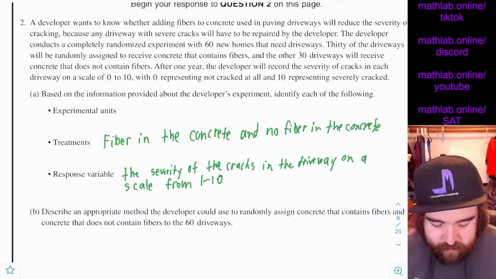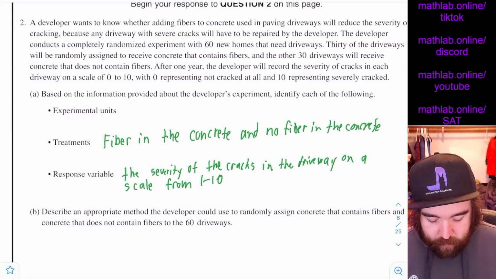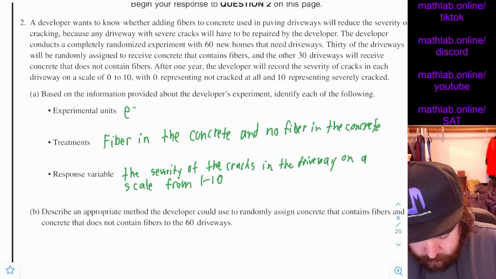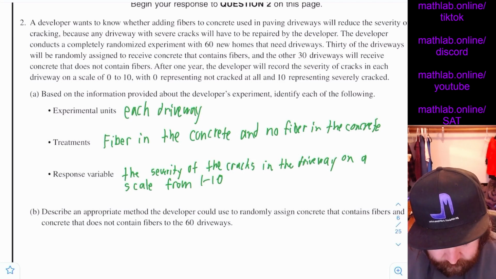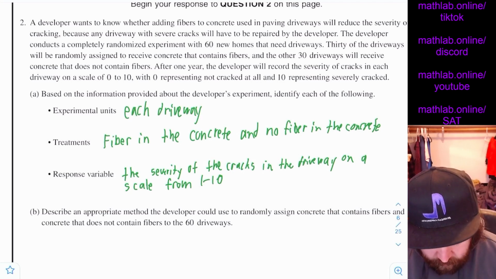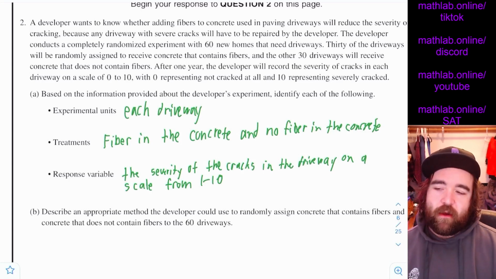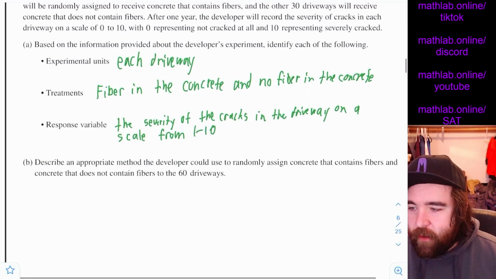So what is our experimental unit? Our experimental unit is each driveway, right? It's like we won't say the house, but it's the driveway, really. Yeah, each driveway. Okay, we don't need to think too more about that.